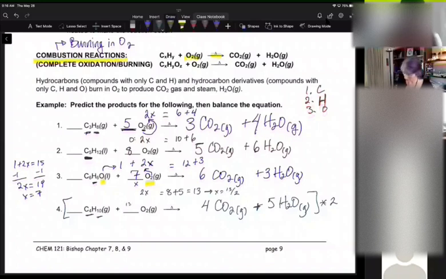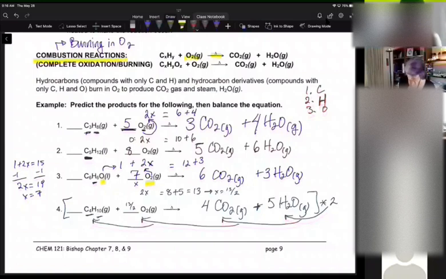This was 13 halves, but now I need to multiply by 2. And so for that answer, I'm going to get 2 C4H10, that's butane, plus 13 oxygens produces 8 carbon dioxide and 10 water.